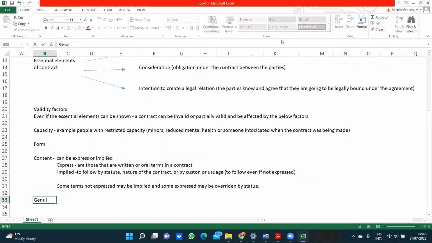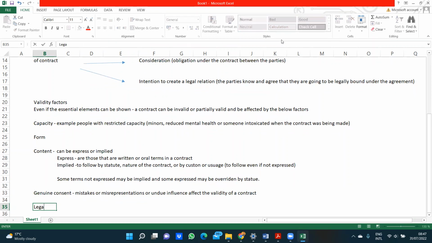Genuine consent, sorry. Mistakes or misrepresentation, or even undue influence, affect the validity of a contract.